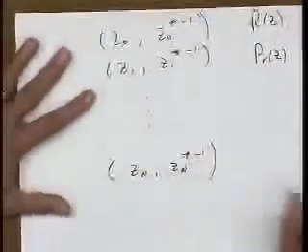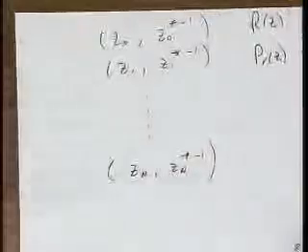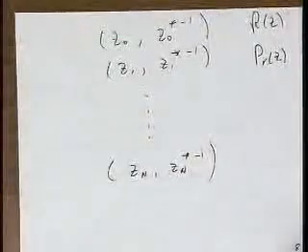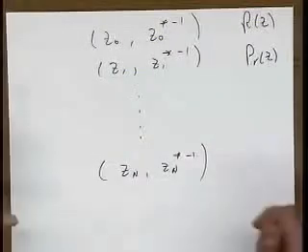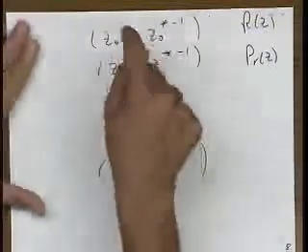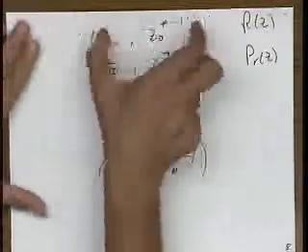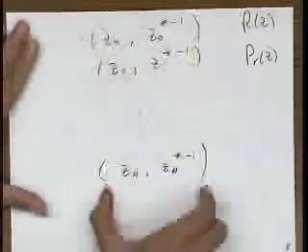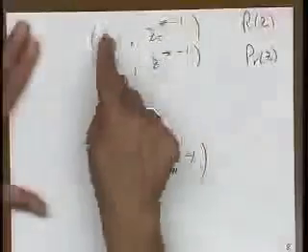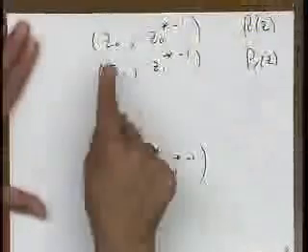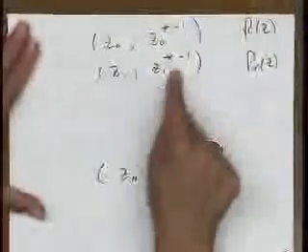And at the end of the day, x of n has n zeros, but each one of its zeros comes from each one of these pairs. Like its first zero can be this one or that one. Its second one can be this or that. Its nth one can be this or that.